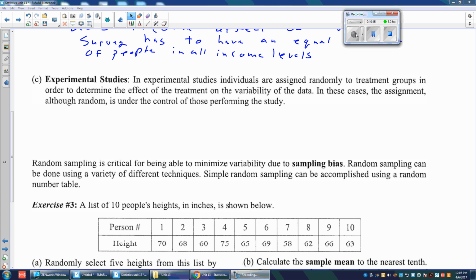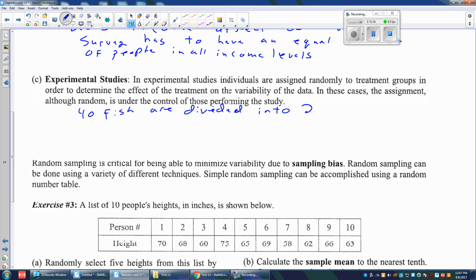In B, we wanted to make sure that we had an equal representation from all the different types. In C, let's say that 40 fish are divided into two groups. One fed golden pearls, that's the name of a food.